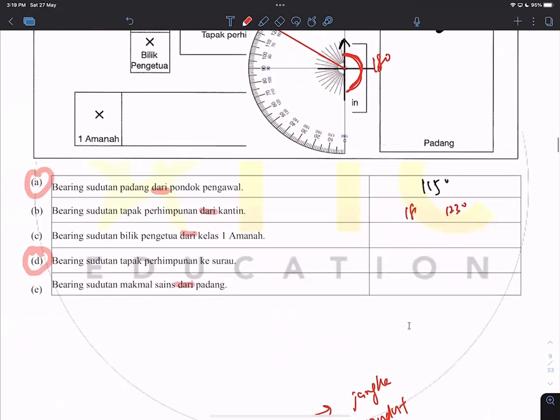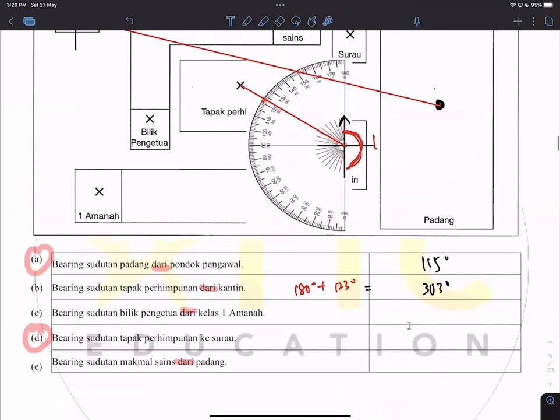So guys, 180 plus 123 degree. What's the answer? Equals 303 degree. So this is how you try to measure when the bearing sudut is more than 180, guys. Start measuring from selatan.